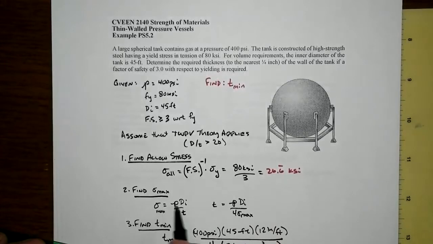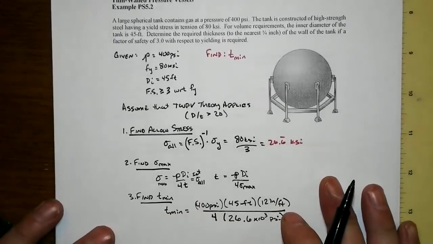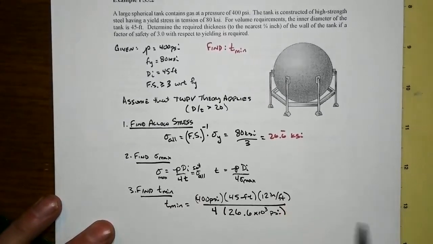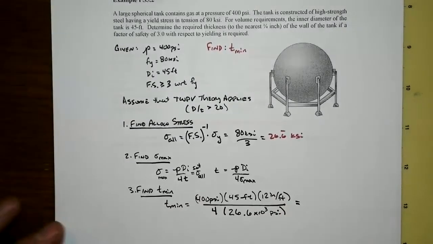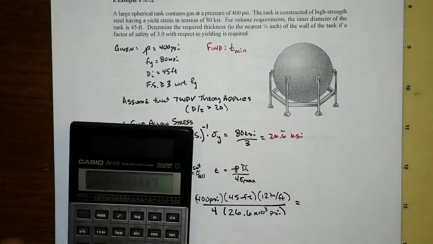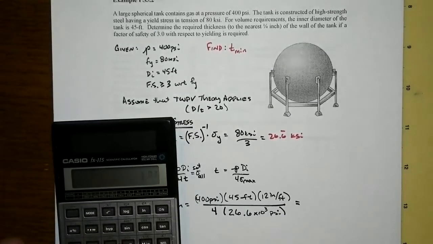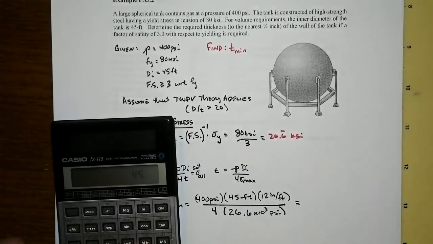So I'm setting sigma max equal to sigma allow is what we've done there. And when we work that all out, what are we going to get? 400 times 45 times 12 divided by 4 divided by 26.6 thousand.